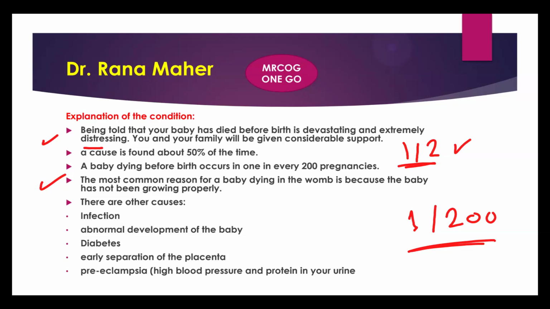Other causes can be infection, abnormal development of the baby like chromosomal abnormalities or any congenital anomaly, diabetes, and early separation of the placenta, like placental abruption, having a blood clot, which can lead to incomplete separation of the placenta and will affect for sure the blood going to the baby. Preeclampsia: high blood pressure and protein in urine. So these are the causes you can highlight to the patient.